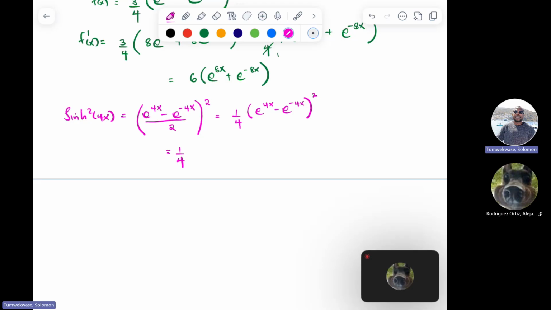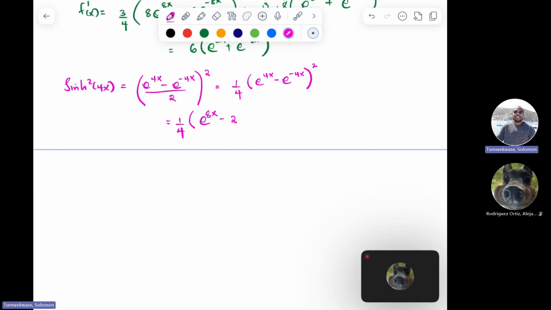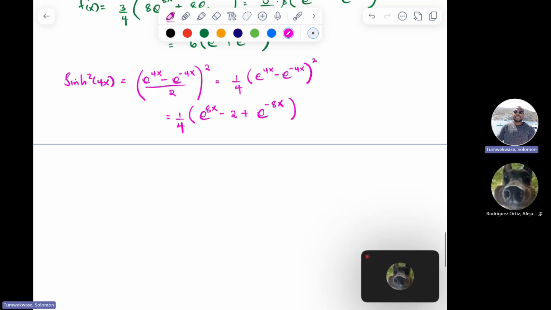Now square those guys. It is e to the 4x squared, which is e to the 8x, minus 2 times this, which is e to the 0, which is 1. 1 times 2, that is just 2. Then plus e to the negative 8x. Okay? I hope that is fine.